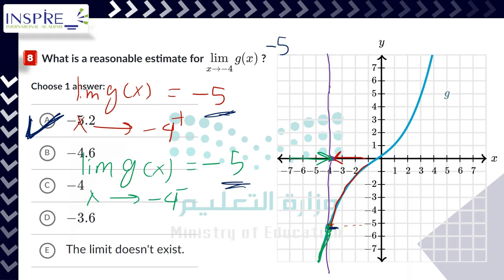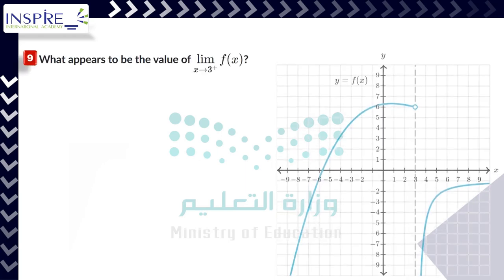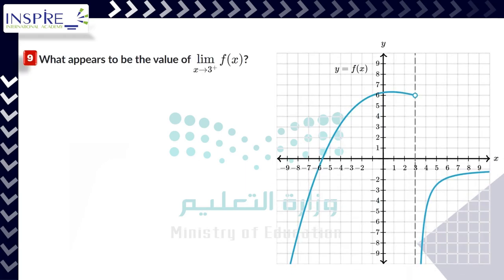Okay, let's move. What appears to be the value of limit of f of x as x approaches 3, but this time from the right side? He needs only one side of the limit, the right side. The same steps apply in this one.